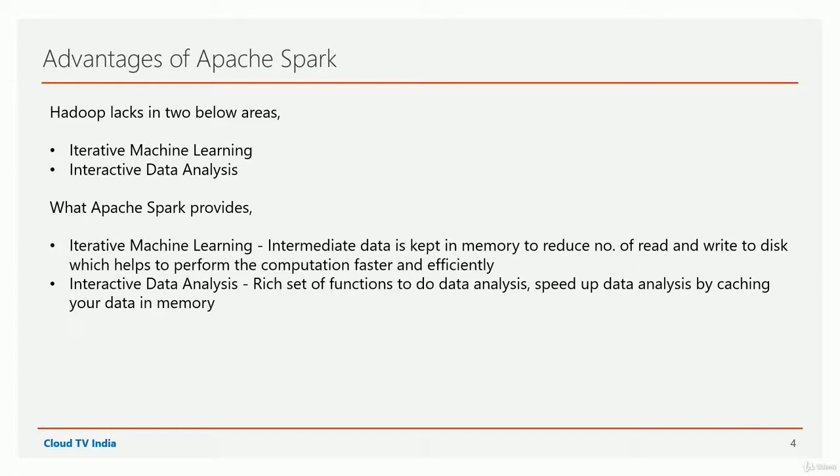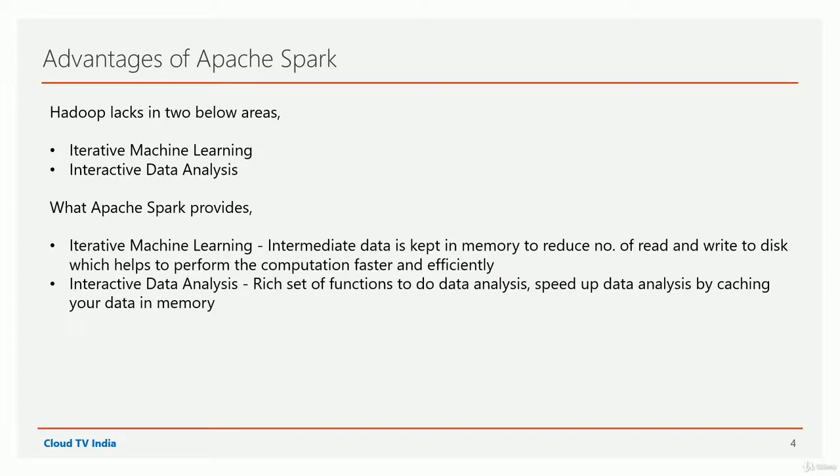That is being resolved using Apache Spark. When you generate the intermediate data, like the first job's result, and the second job wants to take the first job's result, you can store your intermediate data in memory, so that you don't need to read and write from the disk, which will improve the performance of the job in an efficient way.